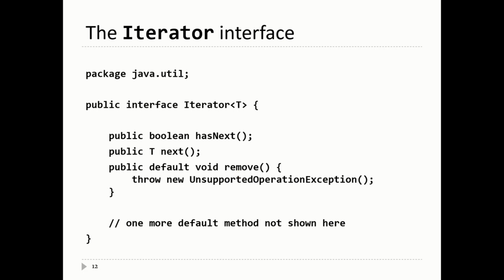But for a list, you may want to remove an element while you're iterating over it with an iterator. So the iterator interface defines a default method that just throws an exception. In other words, if you don't override the method and someone tries to call remove, you just get an exception that says you can't remove an object using this iterator.